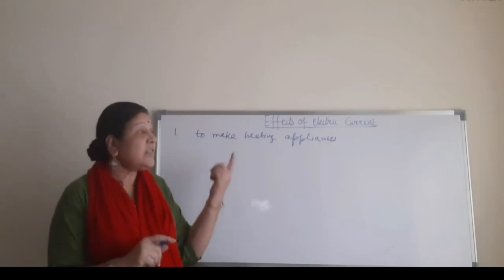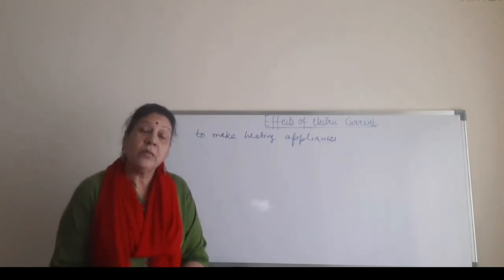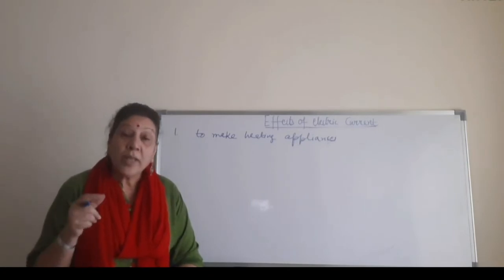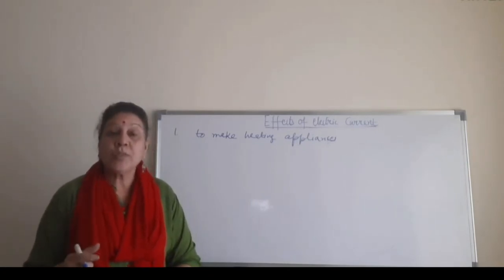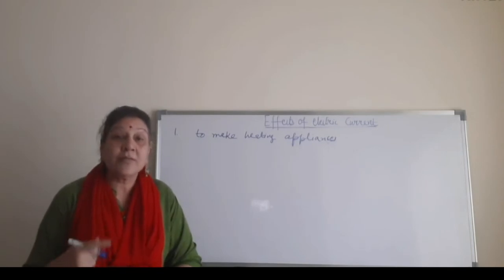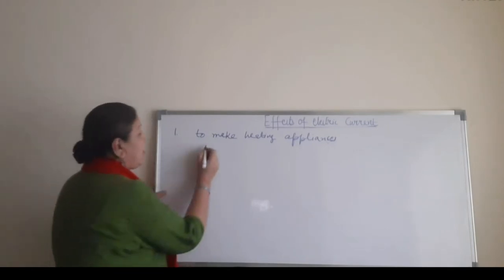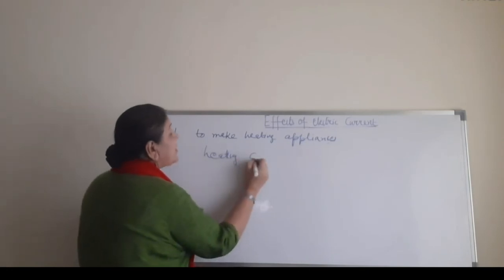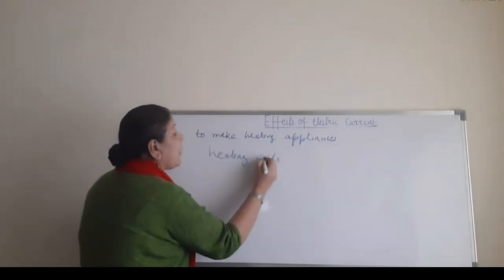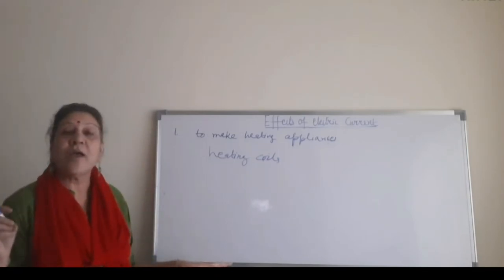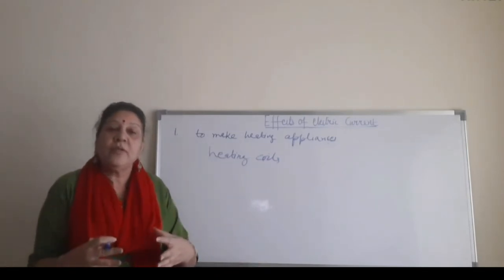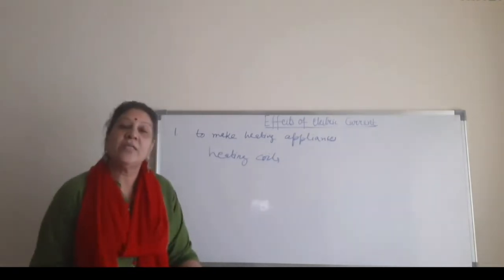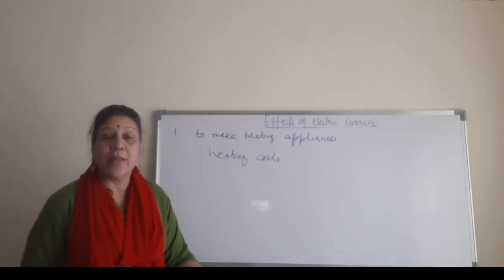As we just discussed, for more heat energy the resistance has to be more. So nichrome wire is used to make the heating coil, which has to have high resistance, so most of the heat energy is gained through that.